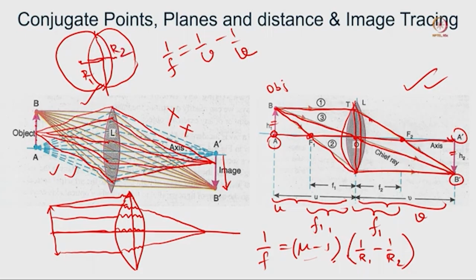Here mu is the refractive index of that glass lens. So there are two very basic formulas we can use to calculate the focal length. And here the sign is opposite, because the right hand side we always consider positive, and the left hand side we consider negative.